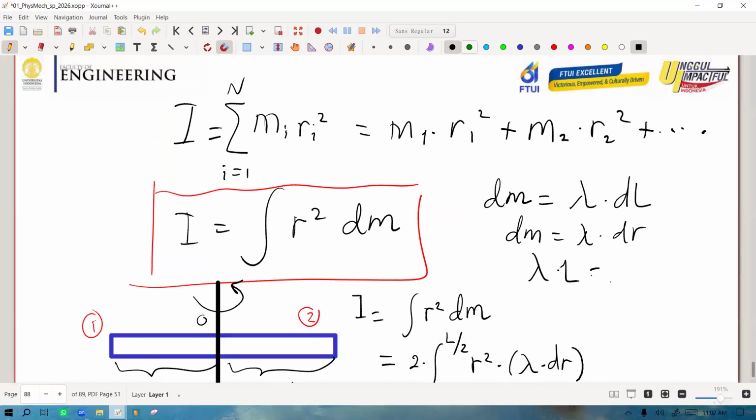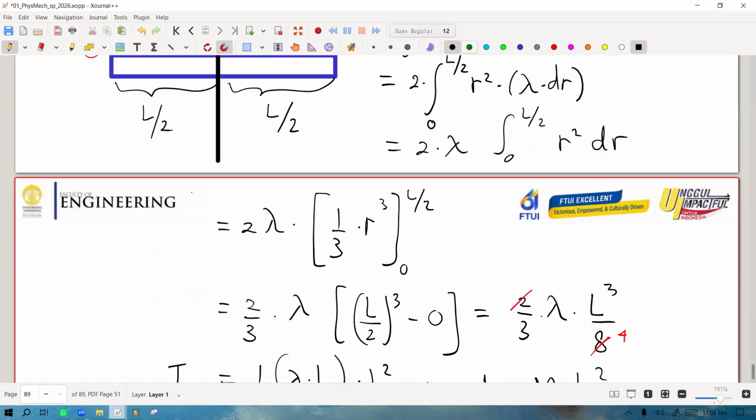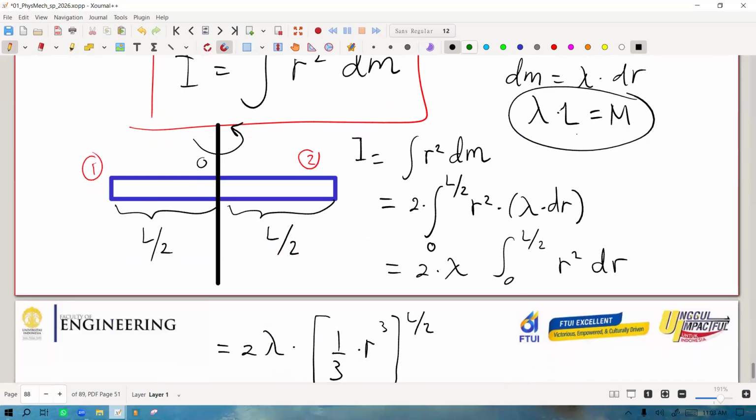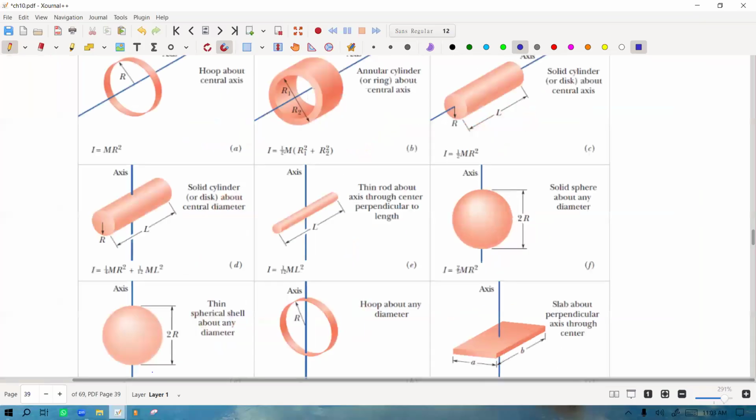Lambda times L is equal to the mass of the rod. So here becomes 1 over 12 mass times L squared. This is the inertia for a rod like this. That's why the final formulation is 1 over 12 mL squared.